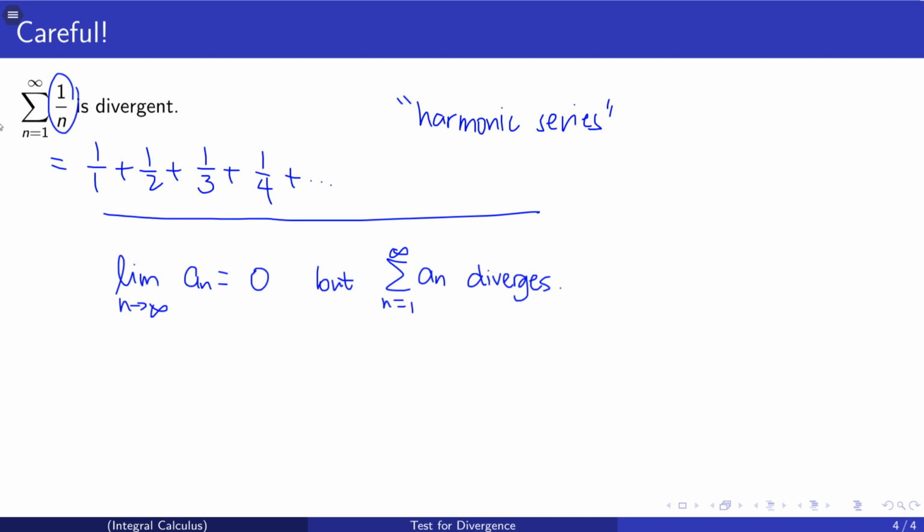In the sense that this infinite sum will not approach any finite number. And we'll prove this in another video. But moral of the story is, be careful. There's a reason why this is called the test for divergence. Right? You cannot use this to say that something is convergent just because the limit is zero.